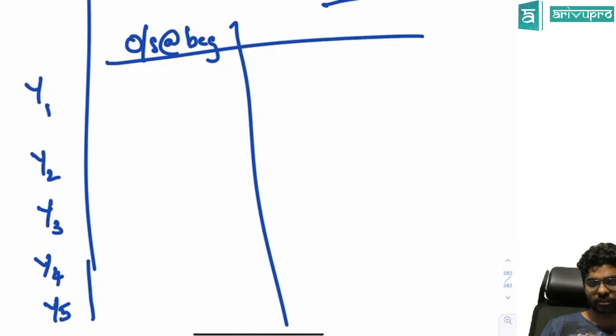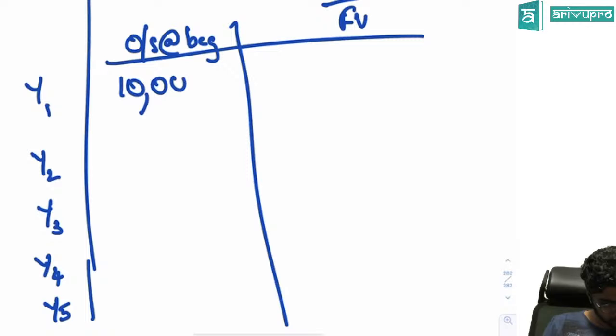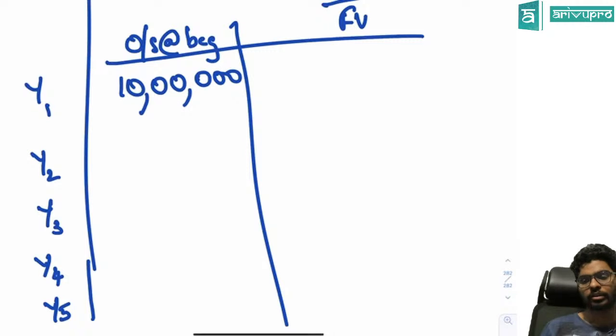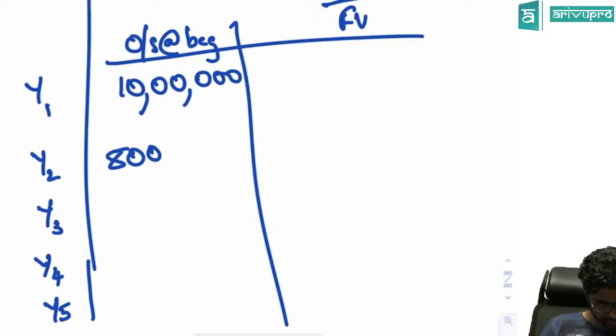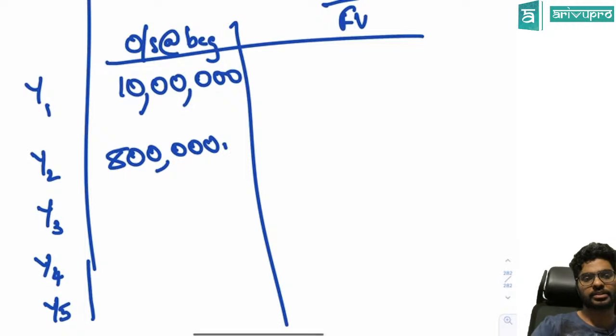Now the first year, how much debentures did you have? 10 lakh rupees. At the end of 1 year, how much did you pay? You paid 2 lakh rupees. So you're left with what? 8 lakh rupees. Are you guys clear?